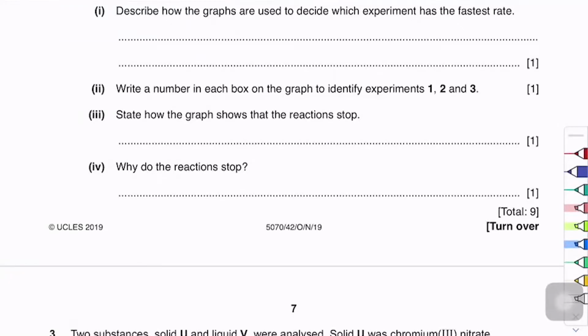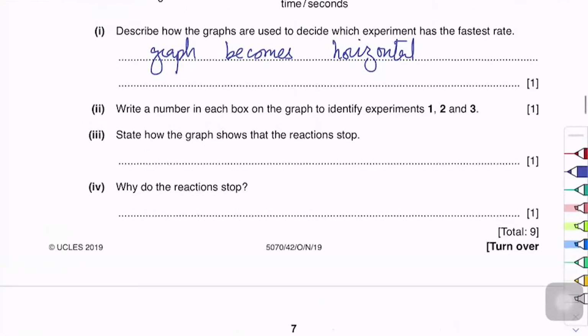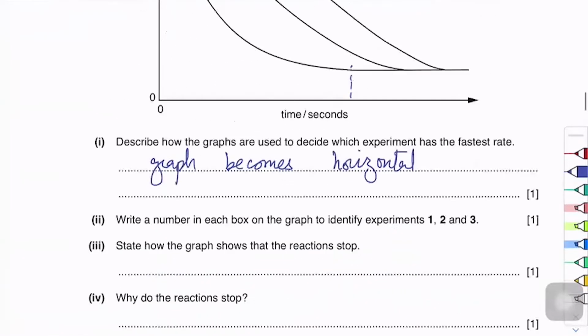Describe how the graphs are used to decide which experiment has the fastest rate. We just told you that the graph becomes horizontal or flat. That's how you know that the value is not changing. Write a number in each box. We did that. State how the graph shows that the reaction stops. Because the value on the mass is not changing anymore.